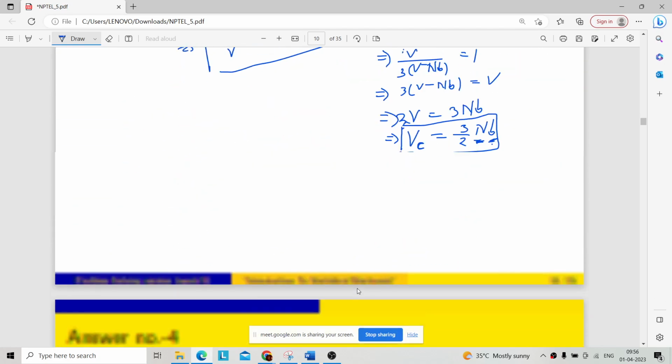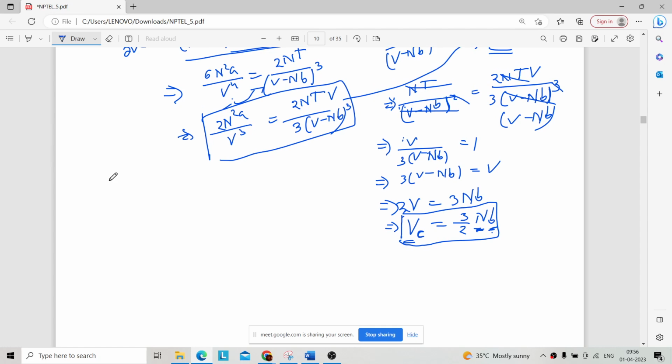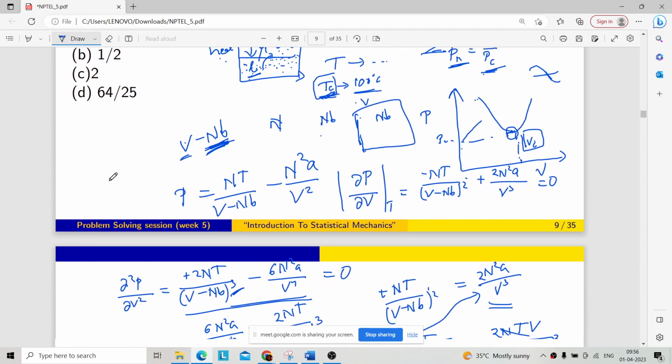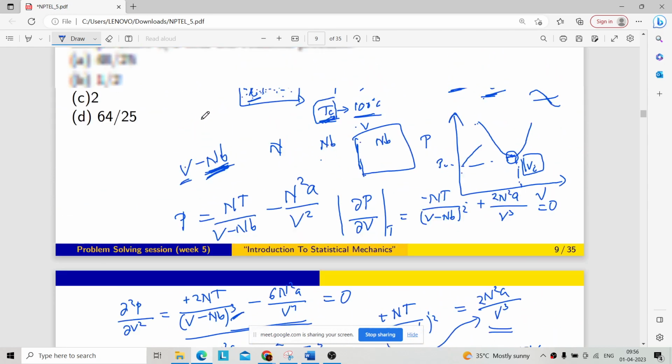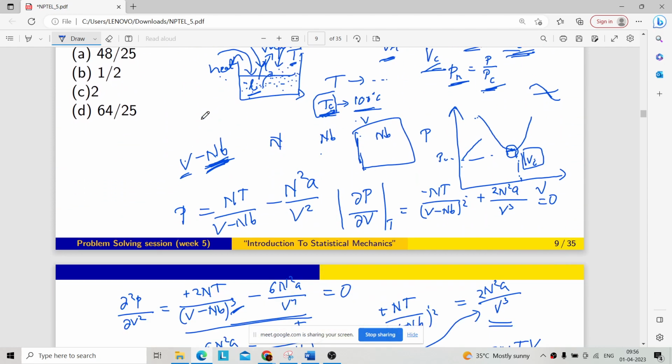Similarly, I have to find TC and PC also. So I can apply this VC equation in this equation, right?